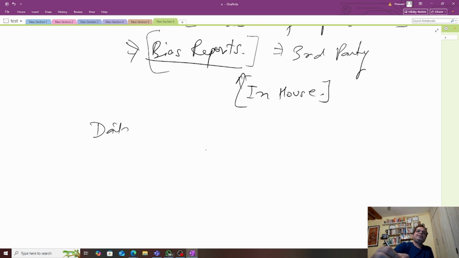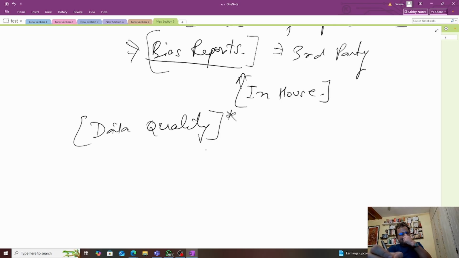The second is data quality. A lot of stress needs to be provided on data quality. As I've been telling time and again, the output of an algorithm or your model depends upon how good or bad your data is.